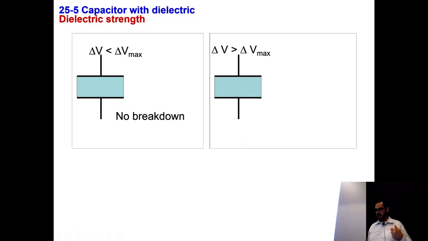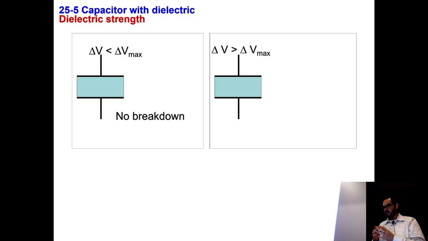In the video I showed you two lectures ago, you have seen that as the voltage is increased between the two aluminum foils, with an insulating material between them, we start hearing a sound, and that's due to the breakdown of the material between the two aluminum plates.